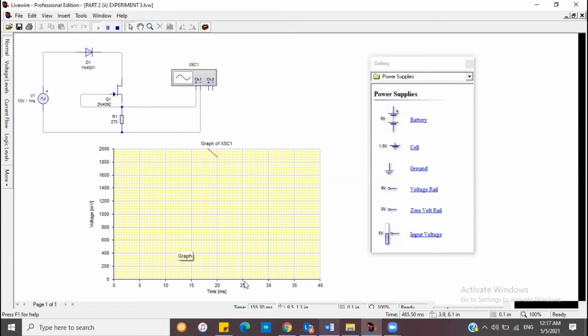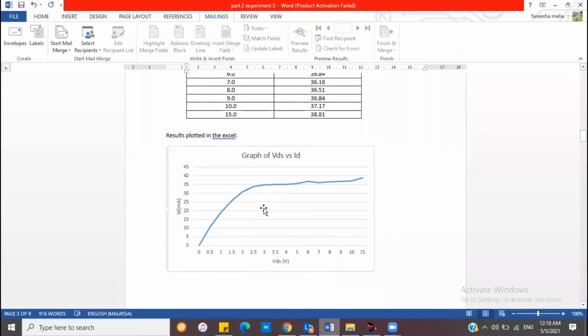So here it becomes flat. If we compare this to the graph that I plotted before, it's basically the same. It shows the same result: when it reaches IDSS, it will become flat.